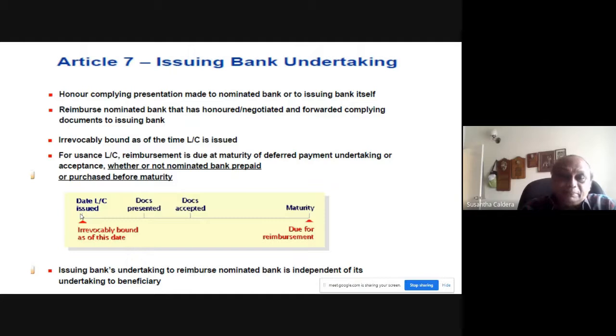That is immaterial, whether the nominated bank has prepaid or purchased before the maturity. But we will pay on the due date. We will pay on the due date.